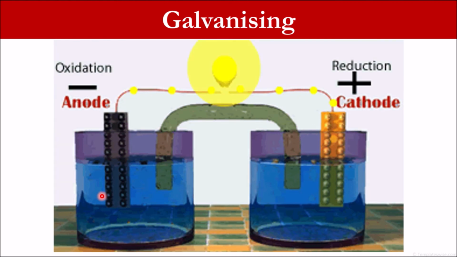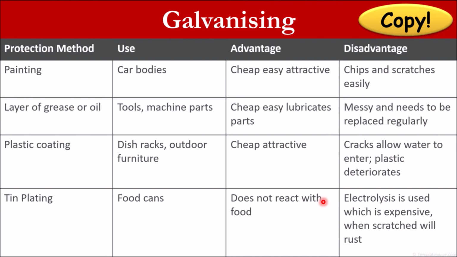This is a bit more of an extension part, but the idea is the more reactive metal, in the example we talked about, which was zinc, will transfer its ions over to the less reactive metal, and that's how you actually can coat the less reactive metal with a more reactive metal on top. So there's that. Okay, so let's just summarize a couple of methods of preventing corrosion, and that will be the end of our lesson.